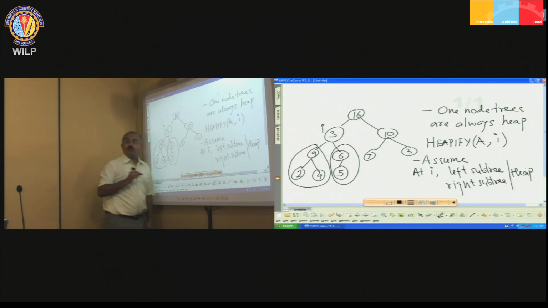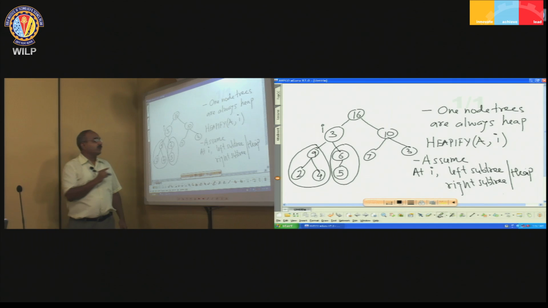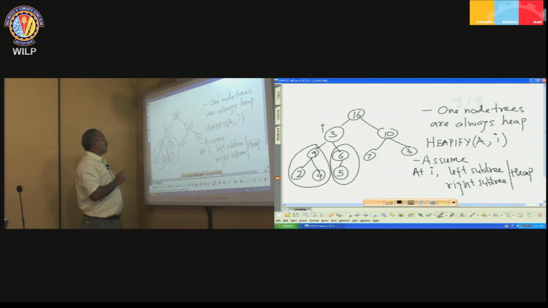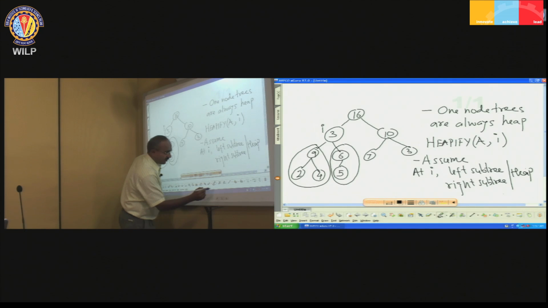So, this is an important assumption in the heapify procedure. So, what we are going to try to do is restructure our heap so that the heap property is satisfied. So, let me just redraw the figure from here.